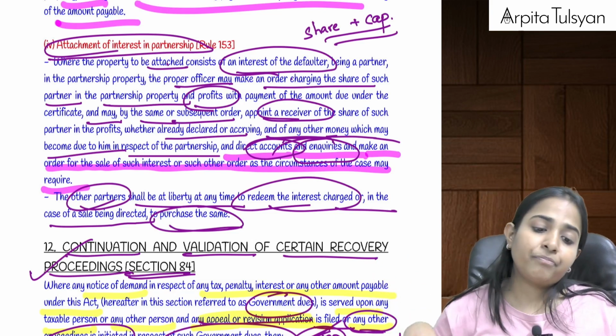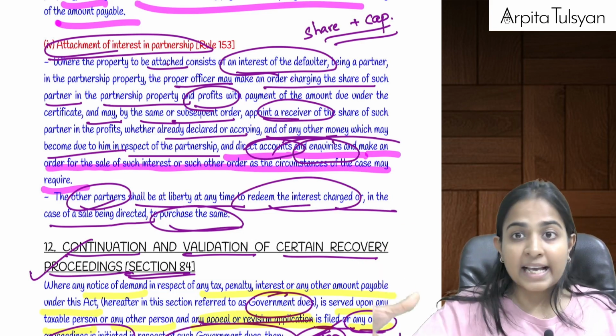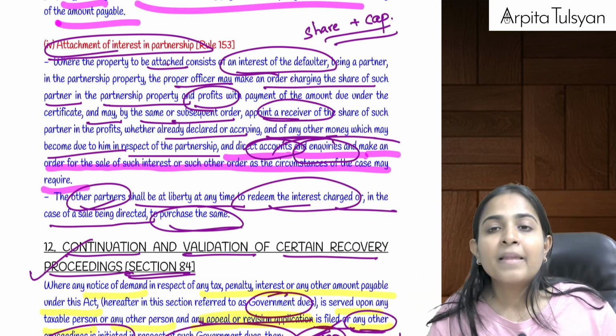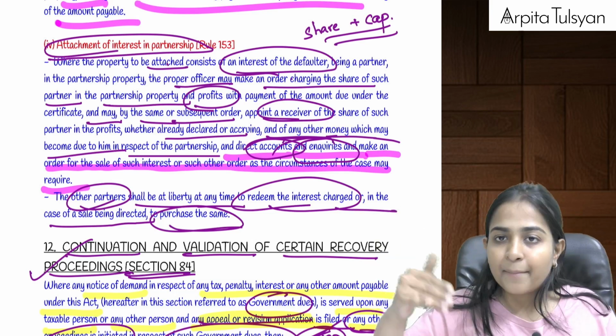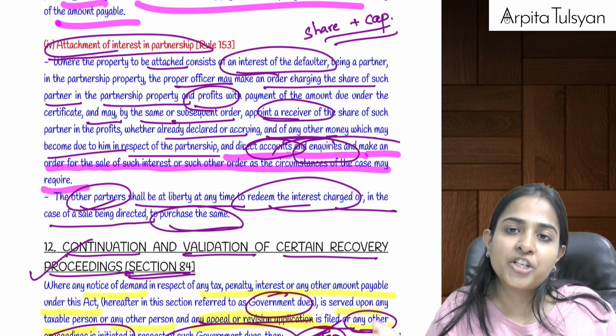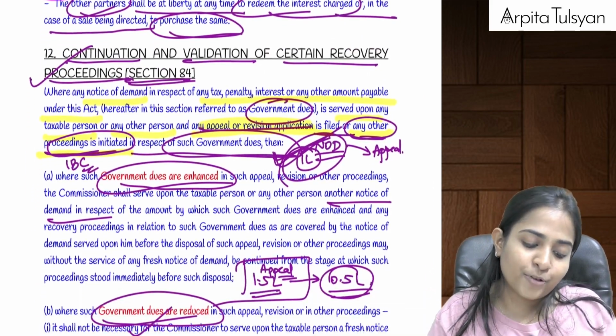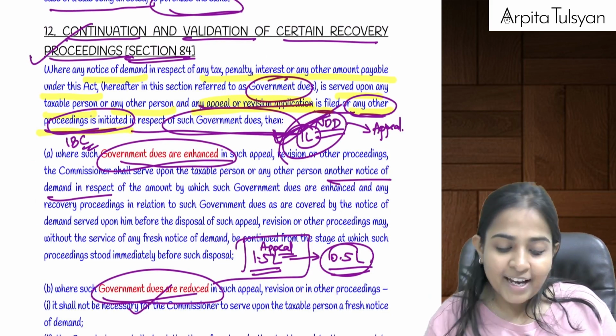Then it will tell the firm that we are ready to sell the interest of this partner, and either some outsider can purchase the share of this partner or the existing partners can purchase the share and pay the money to the department. So this is how the provisional attachment takes place in case of GST.